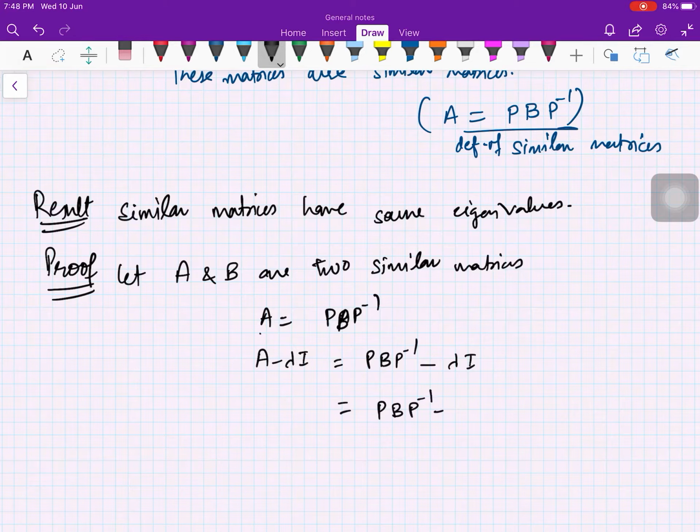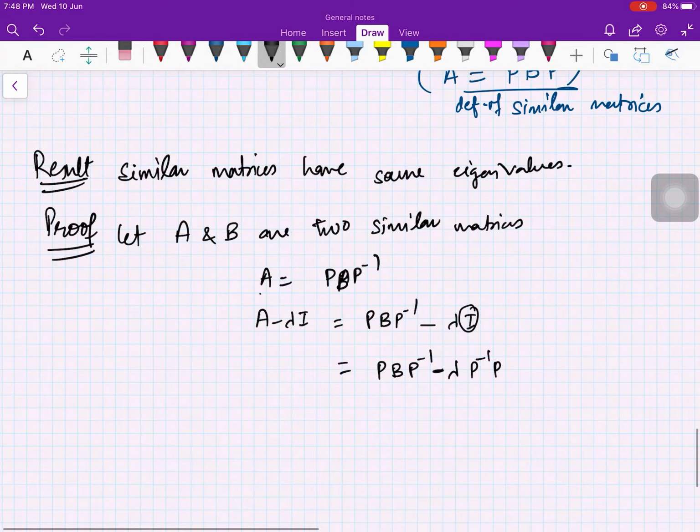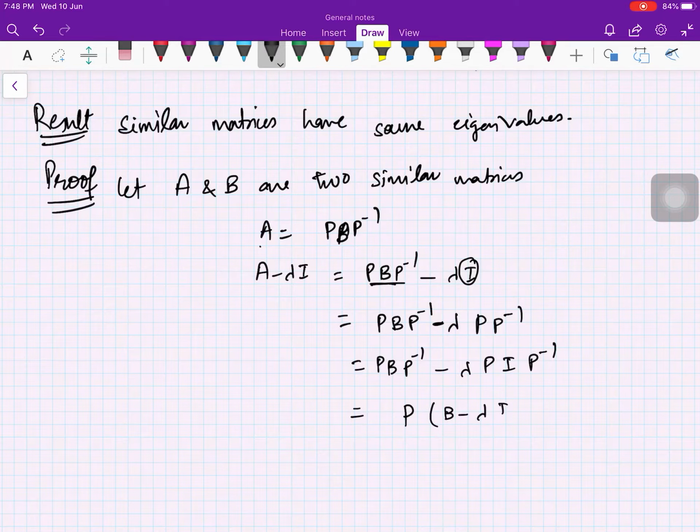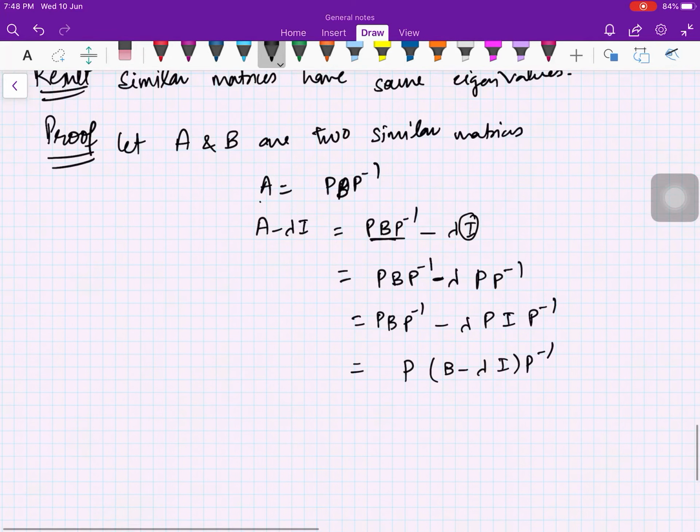I can write the identity as P inverse P, and multiply by one more identity. Now you can take P inverse common: P inverse into B minus lambda I into P.